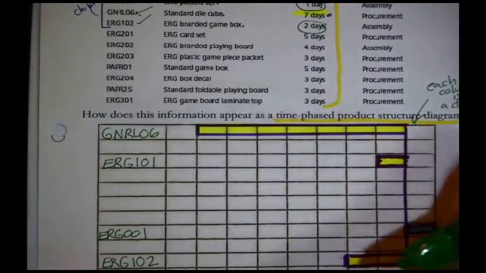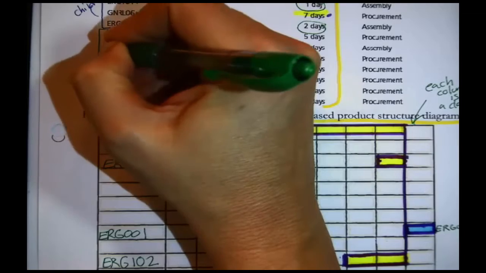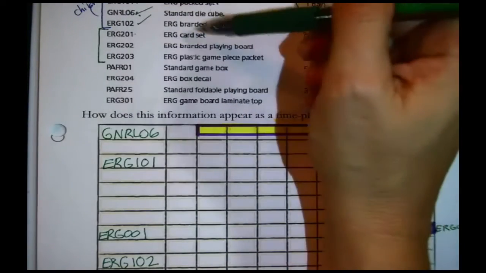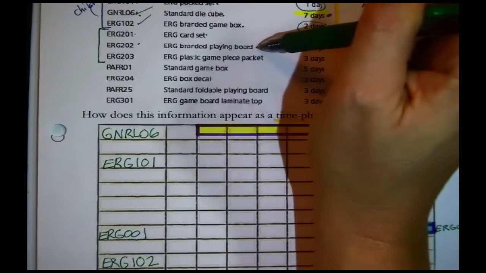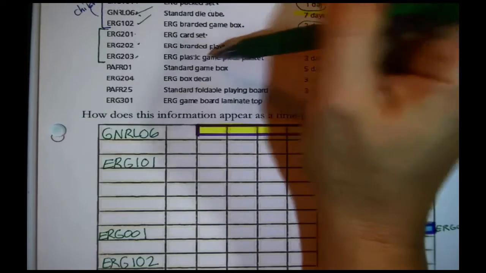Those 3 children are actually on this list, the next 3 items.